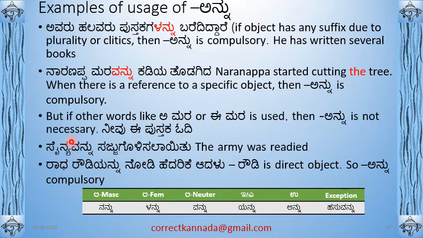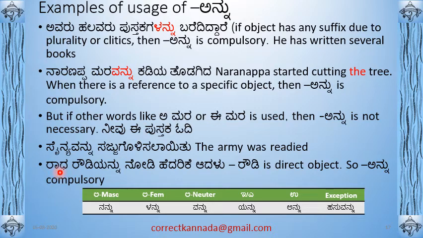So the army, because it's the army, so Sainyavannu Sajjugolisalayitu. So it was made to be ready. Sajjugolisu is to be ready, to get into readiness, right? So these are sentences that you will see in newspaper or you will hear it on the TV from a newsreader, right? The army was readied. In these cases, they will also use the annu.